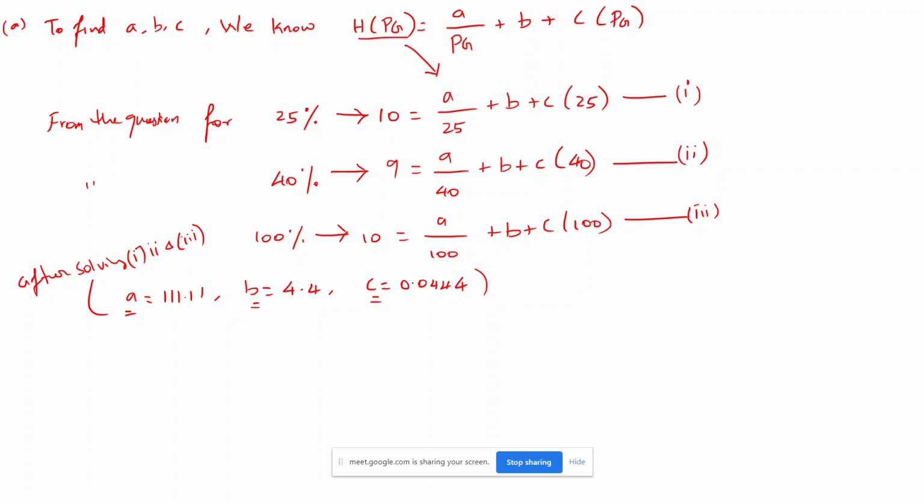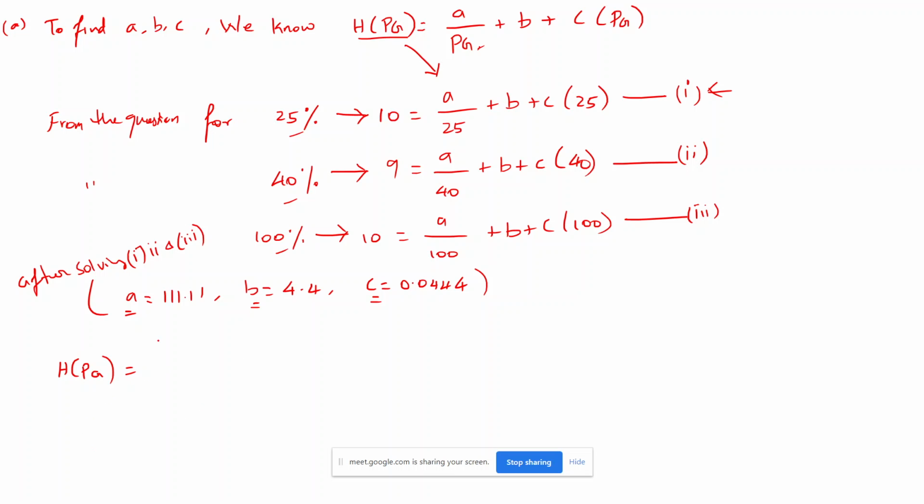What else do I need to find out? The next thing is HPG. HPG is nothing but A by PG plus B plus C PG. I don't know what actual PG they are asking. The question says if it is running at 25%, at 40%, and at 100%. So in generalized form, put any value for PG and apply this ABC.